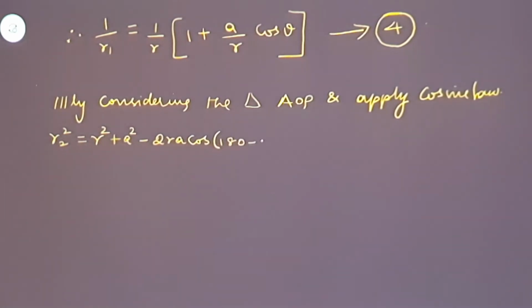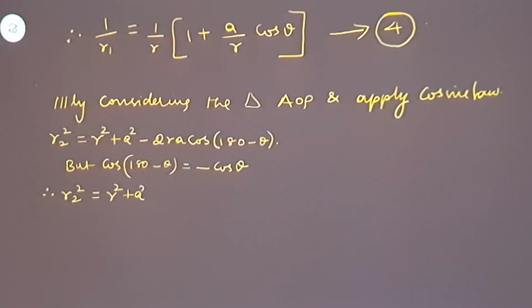What is that angle? 180 minus theta. But we know cos of 180 minus theta is equal to minus cos theta. So therefore I can write R2 square equal to R square plus A square plus 2RA cos theta. I have replaced cos of 180 minus theta with minus cos theta, so I can get this.